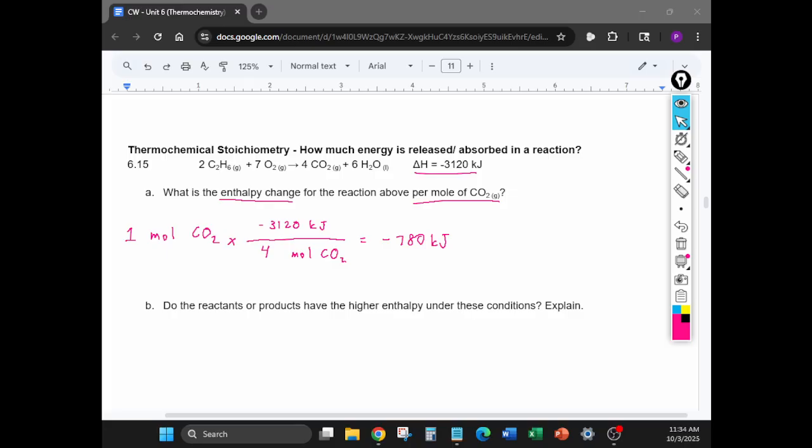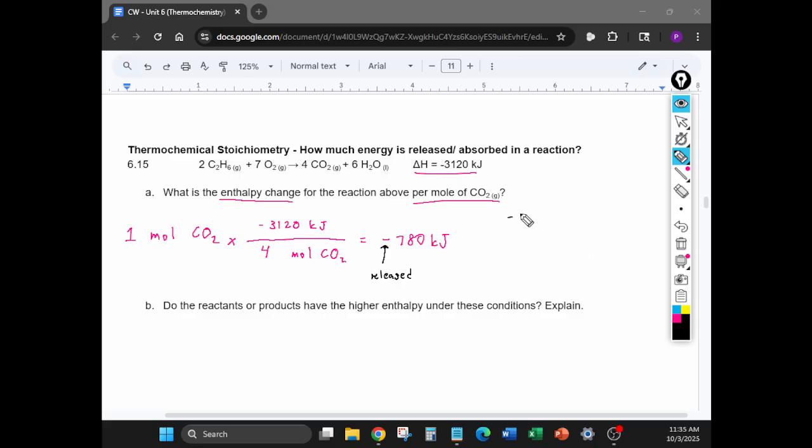All right, so let's talk about the phrasing, because the phrasing can get a little bit confusing here. So let's look at this negative number. This negative sign, I want you to make a quick note. This negative sign means released. Whenever you are answering questions in terms of enthalpy, you're always going to want to phrase it a very specific way.